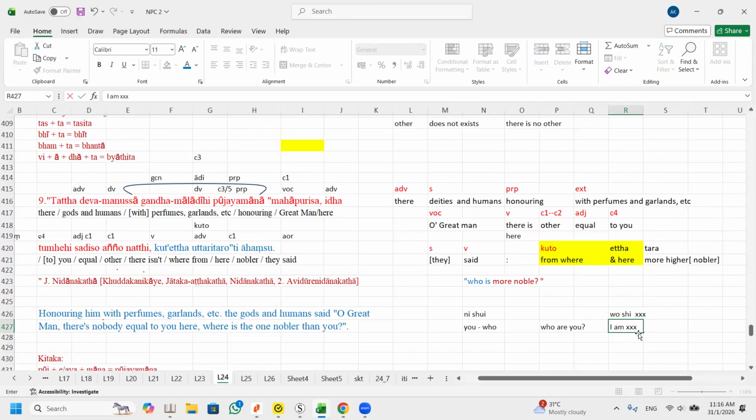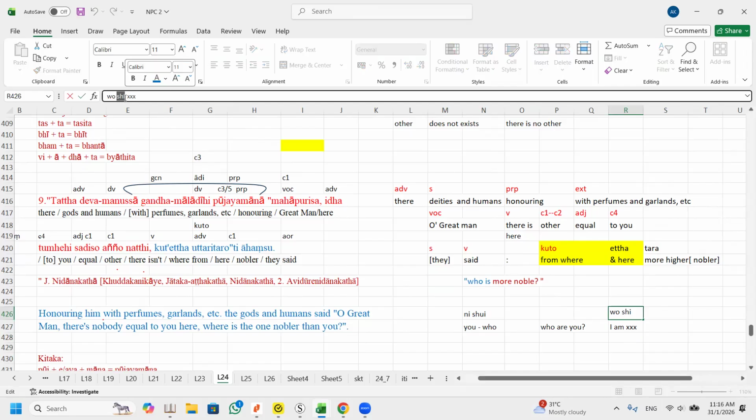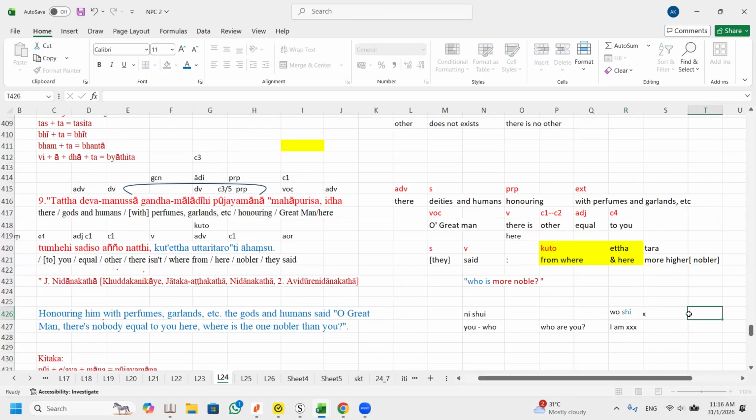So English is one thing. When it comes to Chinese, the verb to be applies to all three persons. Pali is individual, English is individual. So you must know the context of languages in order to do a translation. I think you can see the logic why I explained this to you.